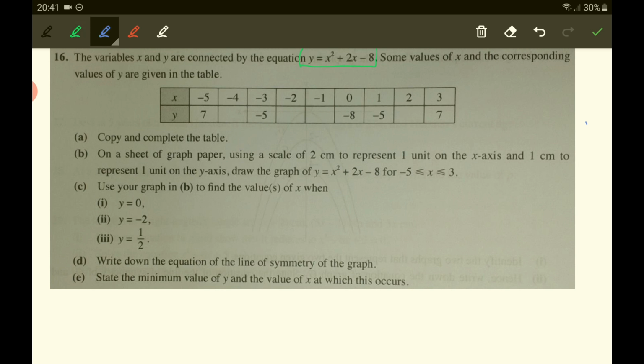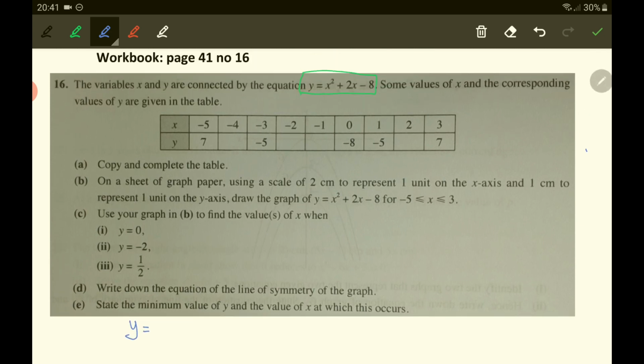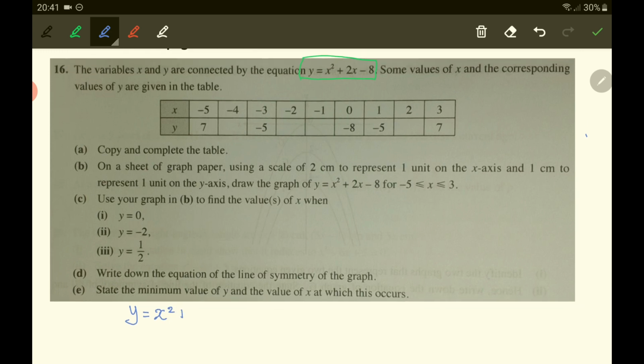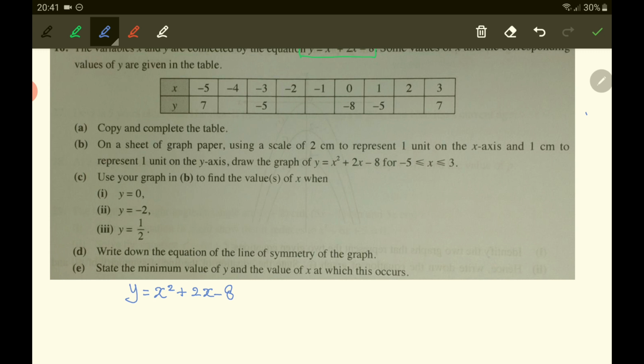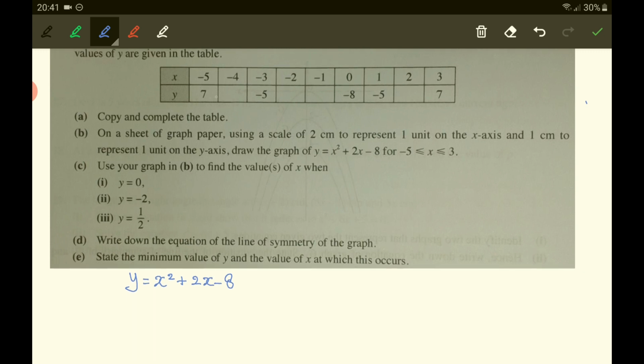Let me rewrite the equation: y equal to x squared, this is a quadratic equation, plus 2x minus 8. The y is already the subject of the formula, so we are going to fill the blanks.